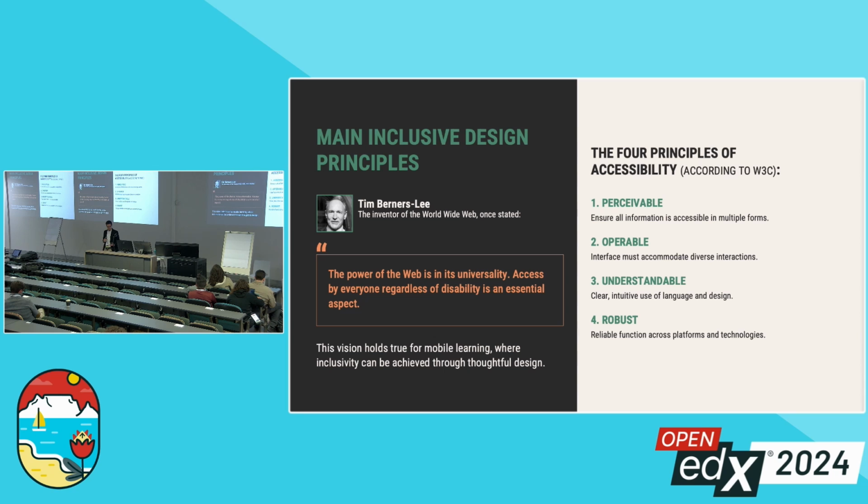Clear and understandable: plain language and logical design make it easy to grasp. And work with everything: standard technologies and wide device compatibility ensure everyone can access it. These principles ensure inclusive learning, not exclusion. We cannot leave anyone behind.